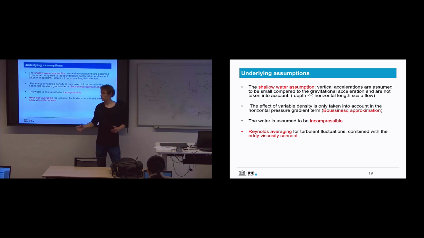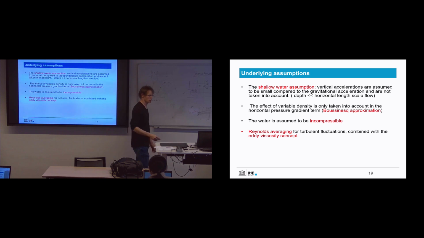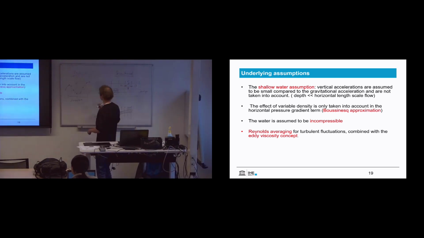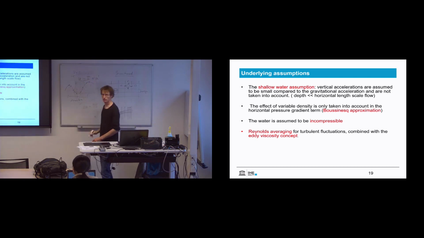And to close our equations, we use Reynolds averaging. Everybody knows what Reynolds averaging is? Reynolds averaging is that if you have a velocity, you can decompose that into a mean component and some turbulent fluctuation. Yeah? So we can model the mean component and we have to parameterize the effect of the fluctuation. That's Reynolds averaging.